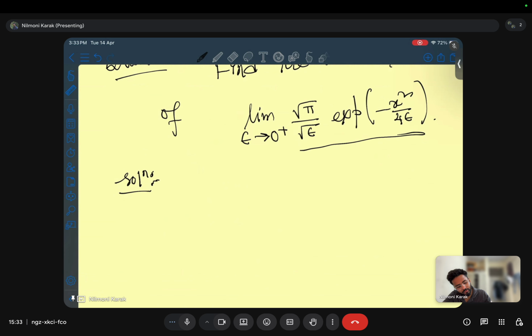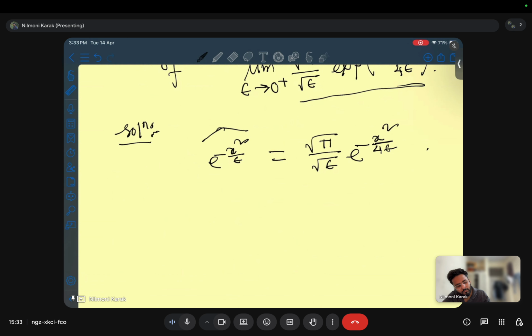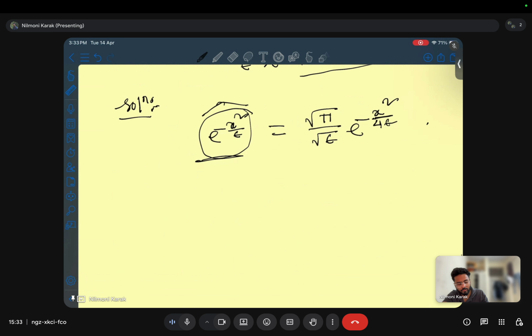This is basically the Fourier transform of e to the power minus x square by epsilon, which is root pi by root epsilon times an exponential, and the Gaussian is self-transforming. Now we can think of the convergence of this sequence as epsilon tends to 0 plus.